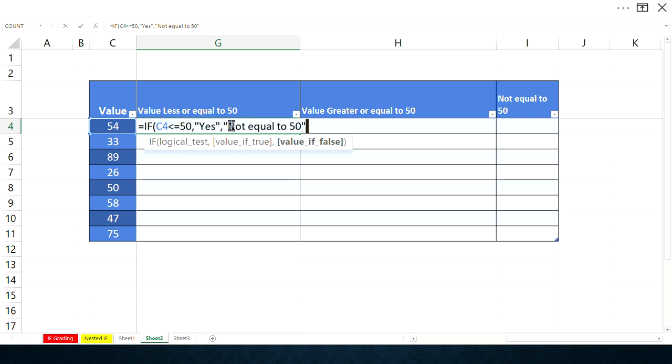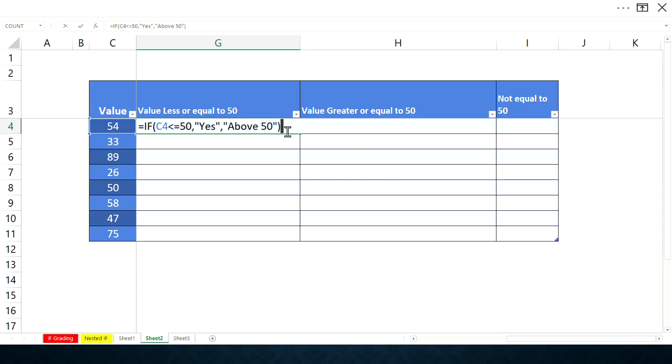But those that don't meet the condition should be above 50. Okay, above 50. So here we're having two results. The true result for yes, the value is below 50 or it is equal to 50. Otherwise, it is above 50.